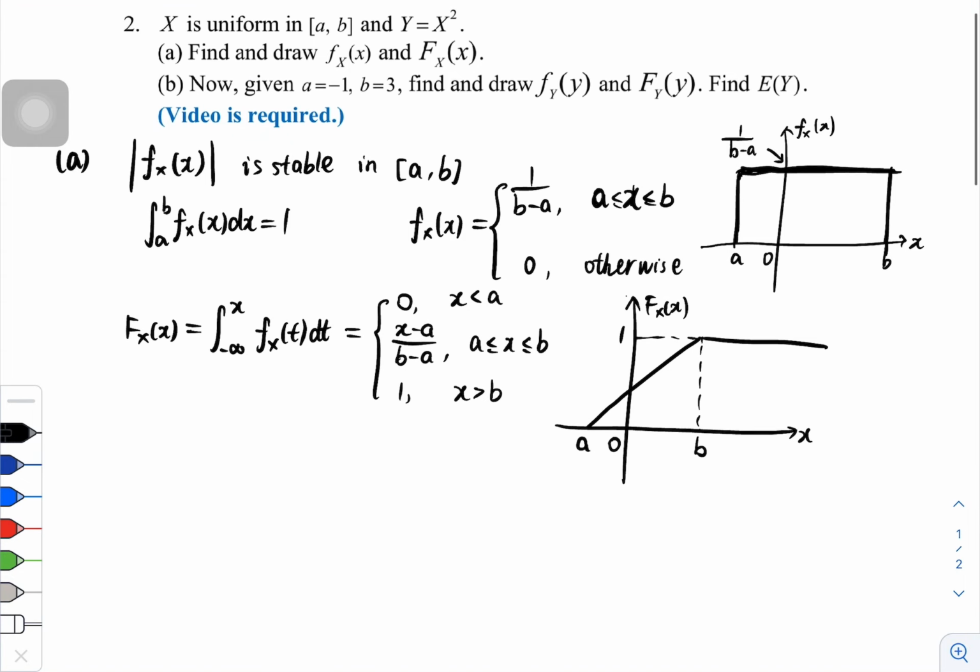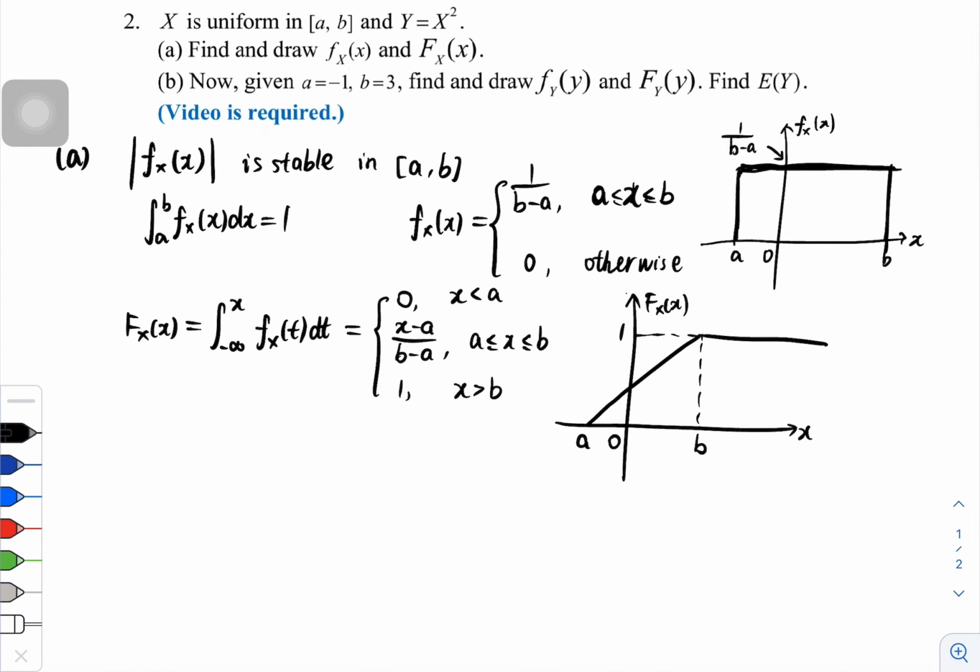Okay. Now, given a equals -1 and b equals 3, we should find and draw the density function and distribution function of y. Also, we have to calculate the expectation of y.